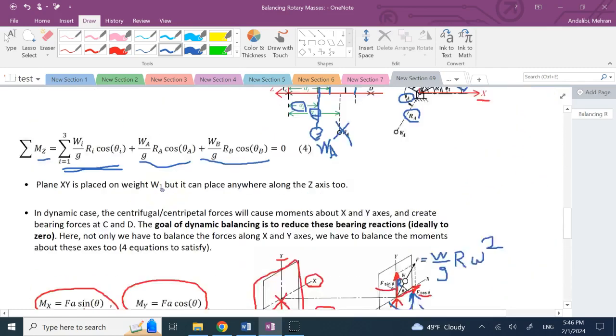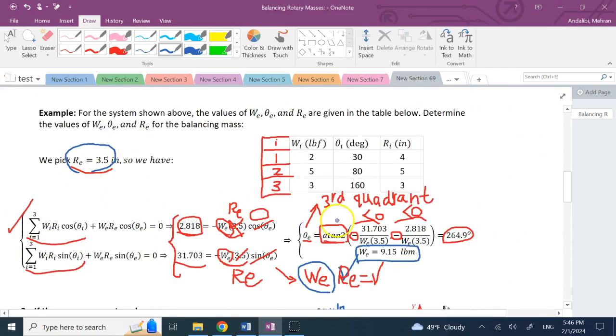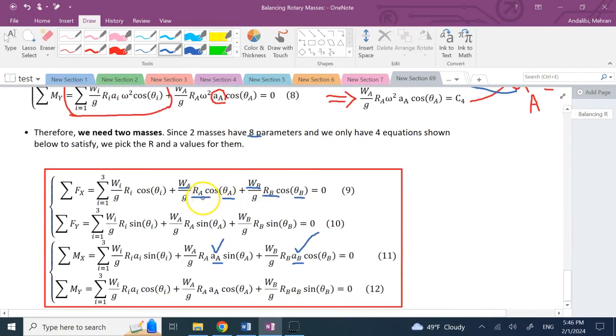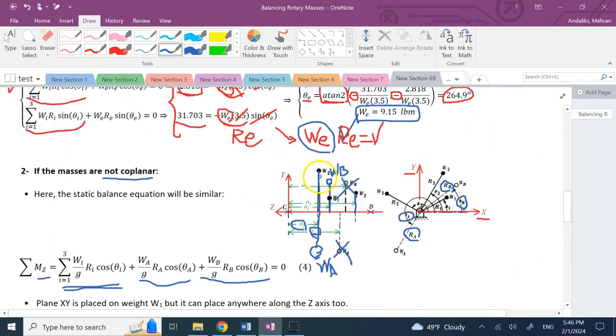And just like the previous case that I showed you, we pick R. Remember last time we picked R. This time we do a similar thing. We pick the R's by ourselves. We choose how far on these discs, because now you're going to attach it to the same disk that has W1. So this W1 is like a disk, which is now represented by just one single off-balance mass.